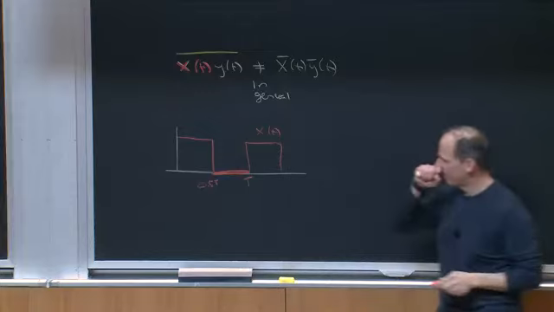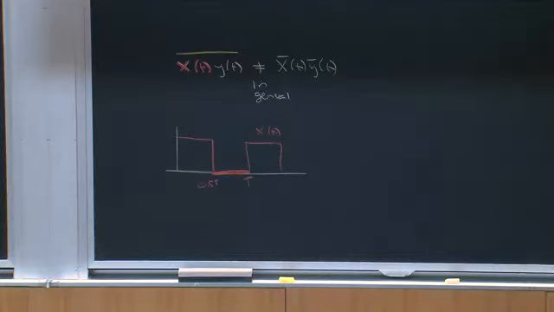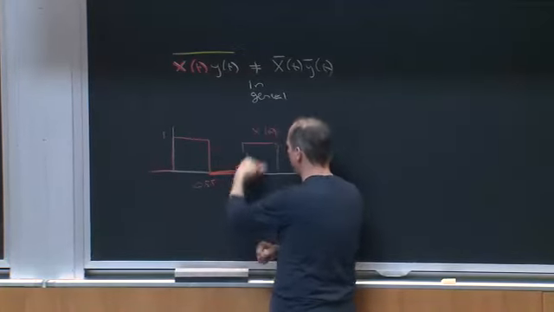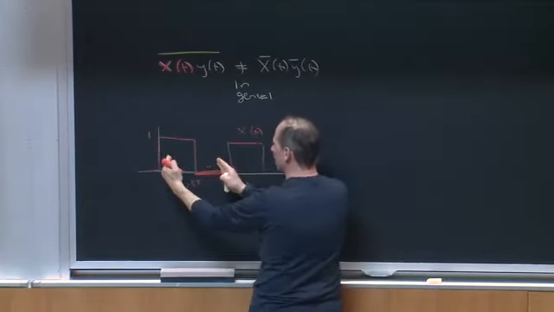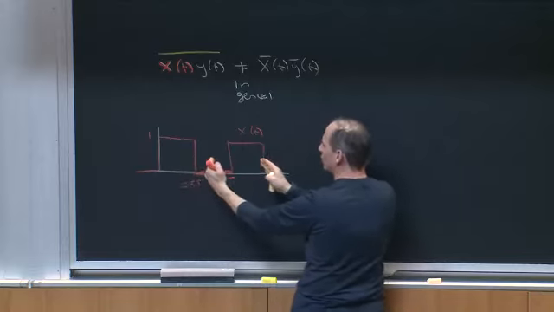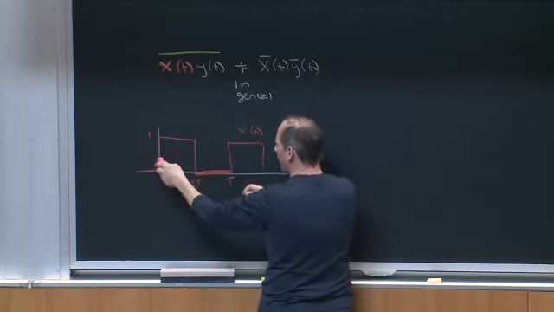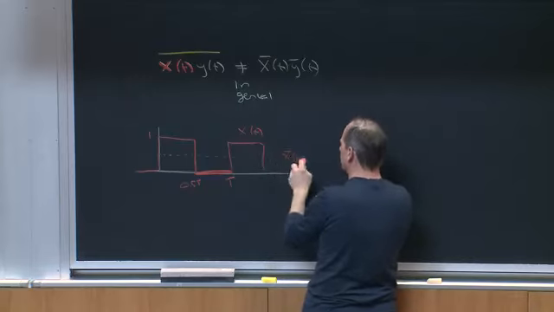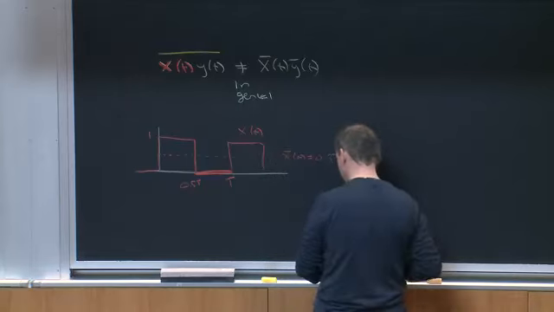What is x bar of t for that signal? Suppose this goes on forever, and this is height 1. Yeah, it's just going to be half, right? At any given time, if I slide a window over this and I take the average, I've always got it high half the time. So x bar of t is just equal to 0.5.